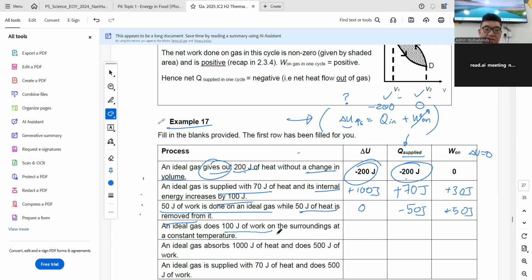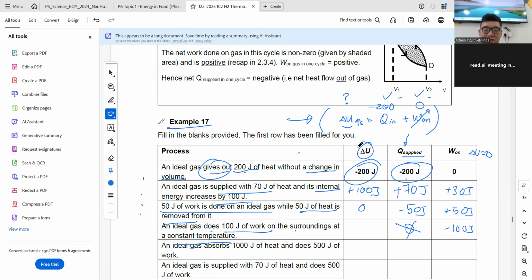Ideal gas does 100 joules of work. Now, this is a bit tricky. So if it does work on the surroundings, it will be losing work. So this will be a minus 100. At a constant temperature now, you might want to put this as 0, but actually it's not correct.